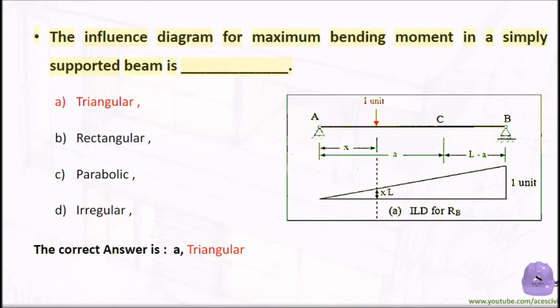The influence diagram for maximum bending moment in a simply supported beam is: A. Triangular, B. Rectangular, C. Parabolic, D. Irregular. The correct answer is A. Triangular.